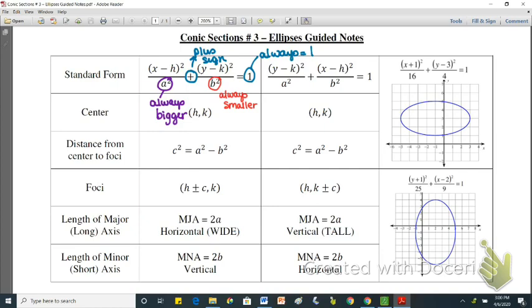We're going to focus on finding the center, the length of the major axis, the length of the minor axis, along with the points of the ellipse. Those are the things that I'm going to ask you to find. So let's take a second and come down here and find our examples.